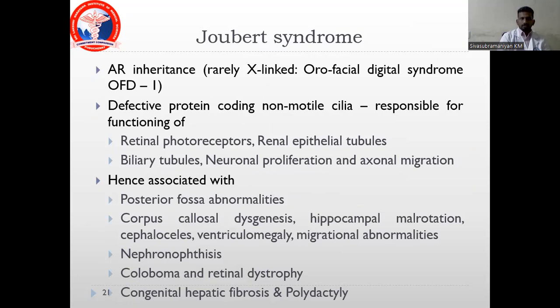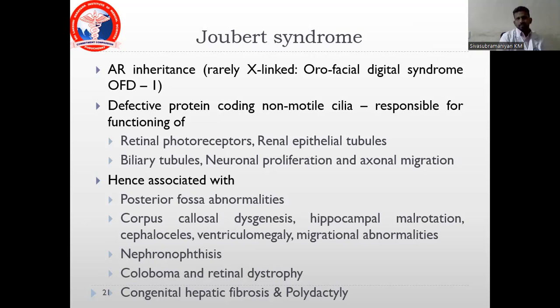The same protein that codes the non-motile cilia also codes the retinal photoreceptors and renal epithelial tubules and the biliary and the neuronal proliferation and axonal migration components. So you have posterior fossa abnormalities, corpus callosal dysgenesis, malrotation of the hippocampus, cephalocele, ventriculomegaly, and migration anomalies.